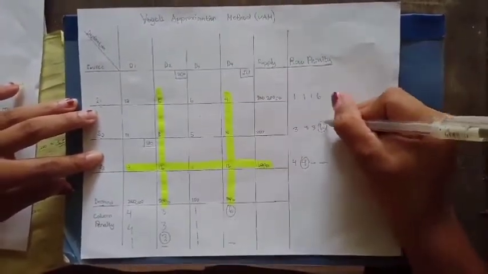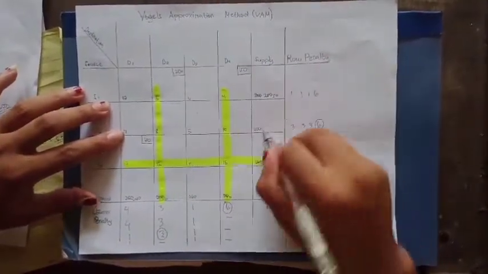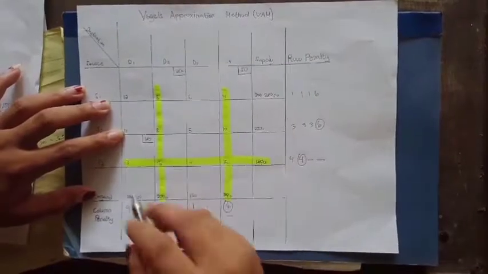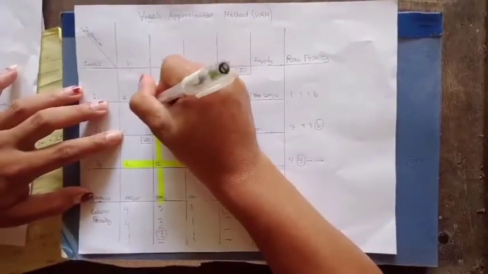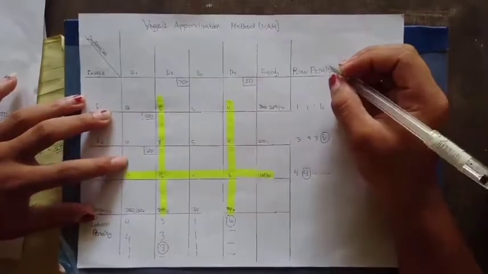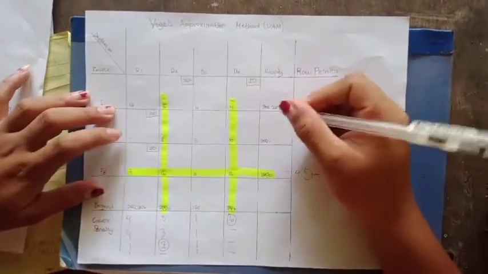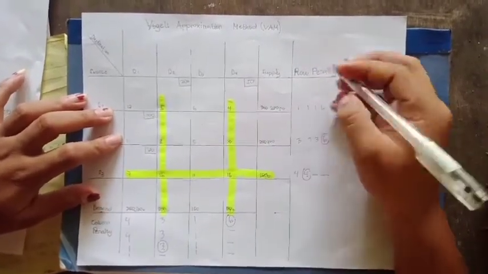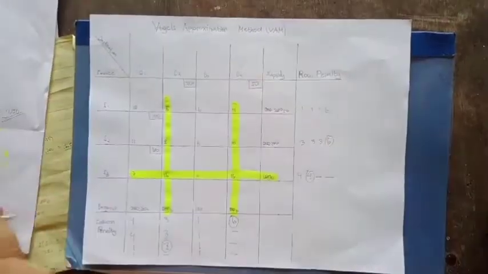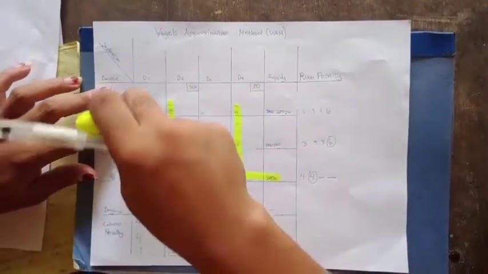So here 6. So we have a supply of 200, then a demand of 100, so we need to allocate 100 here. Then it will become 0. Then 200 will become 100. So this is already satisfied.